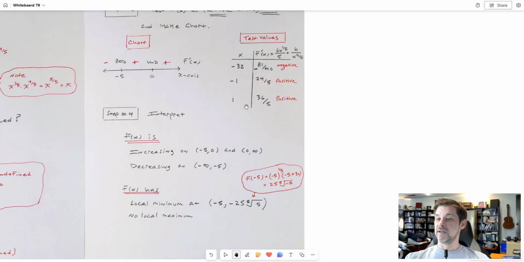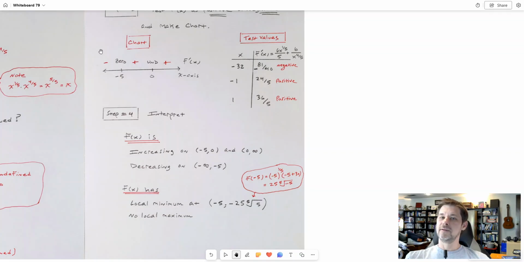My test values and incorporating that information on the chart tells me this. What about local minimums and maximums? Okay, now if I refer back to the first derivative test, I'll have a local minimum at a critical point if the derivative transitions from negative to positive.